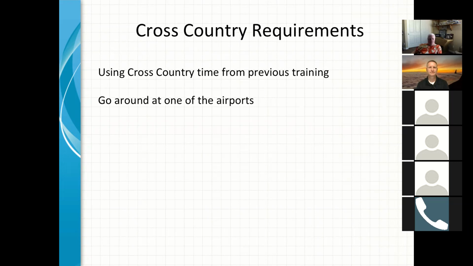We do occasionally get people who did their training at a school out of the area, maybe back east, and we're not familiar with the airport. So that helps us know that we have a qualifying cross country.